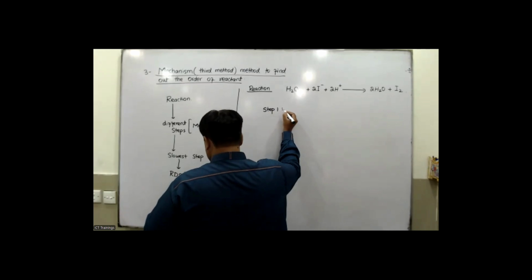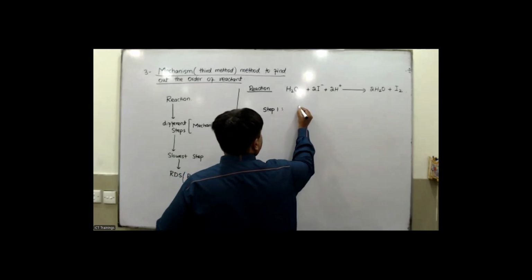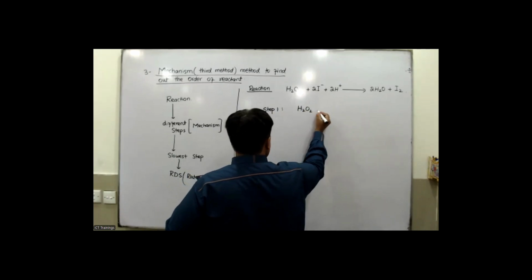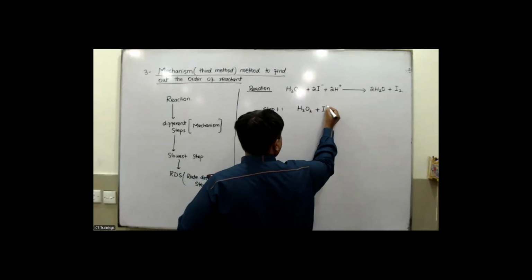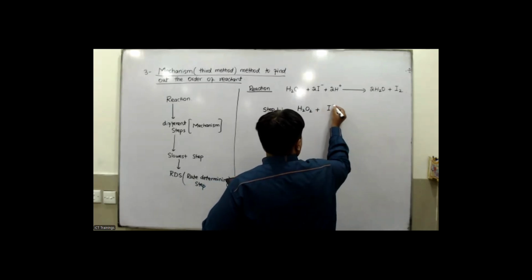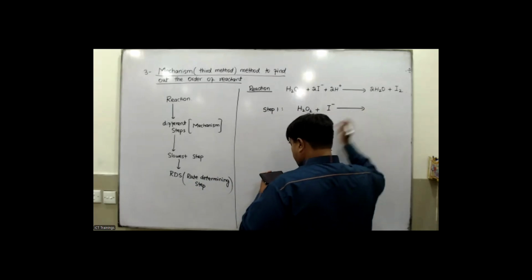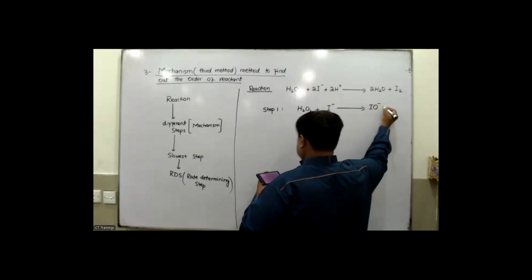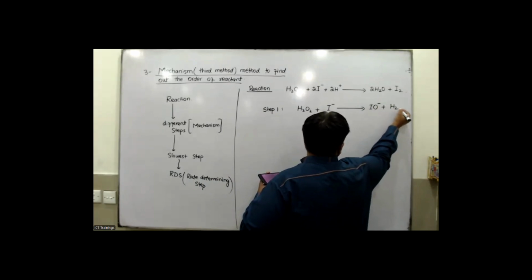Step one is H2O2 plus I minus forming IO minus plus H2O.